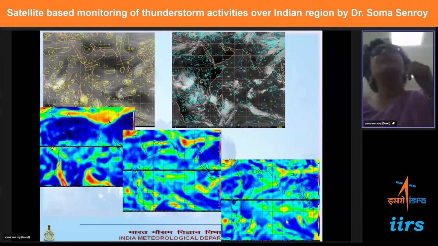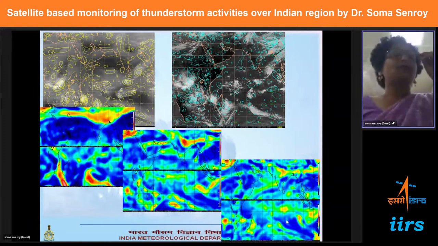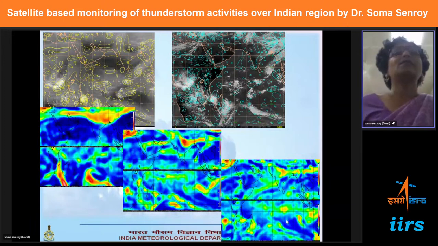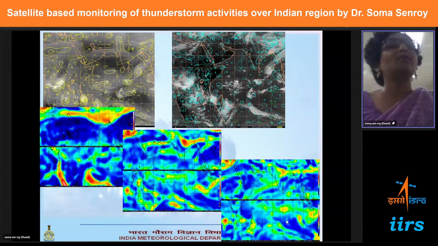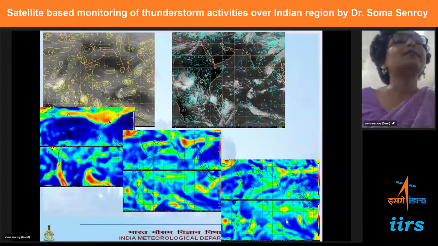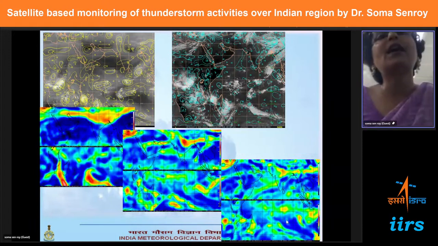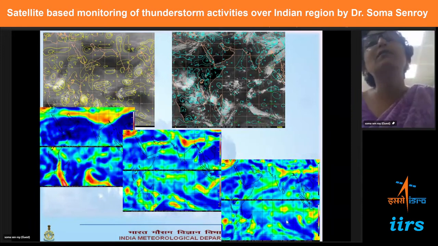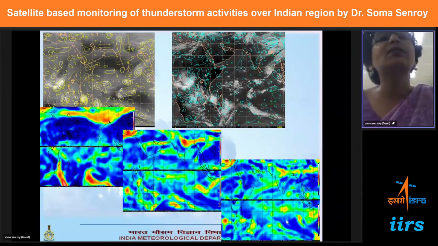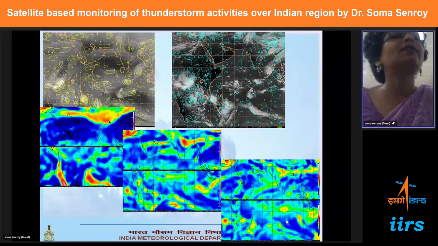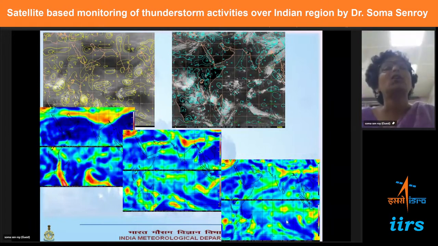I did not discuss the upper level convergence, lower level divergence, vorticity pattern, etc. But this is the slide I was basically waiting for. This is showing the relative vorticity at 9 UTC throughout the figure.